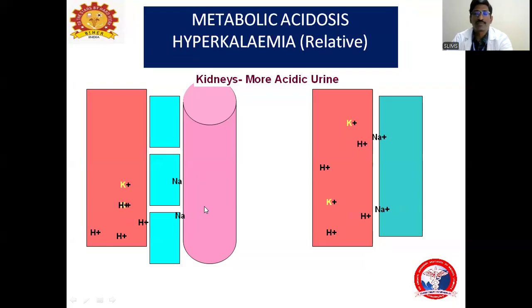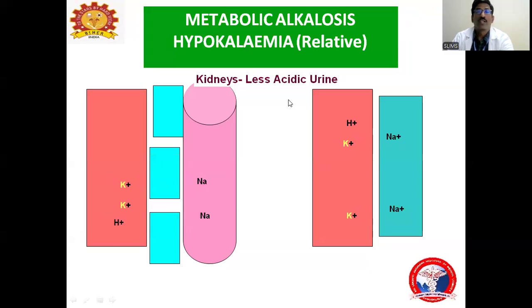Look at here. So what happens in alkalosis? In alkalosis, there is less hydrogen ions. So less hydrogen ions are available for sodium exchange. So what happens? Potassium leaves this area and goes to the opposite side.